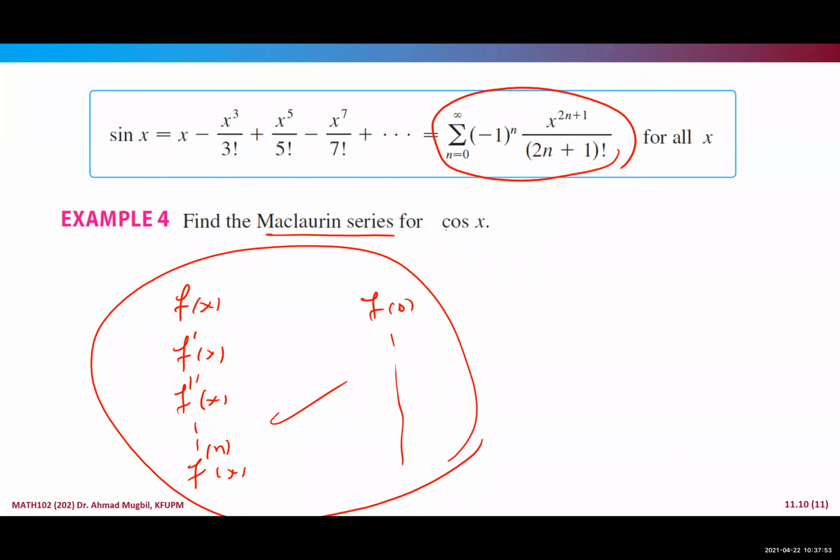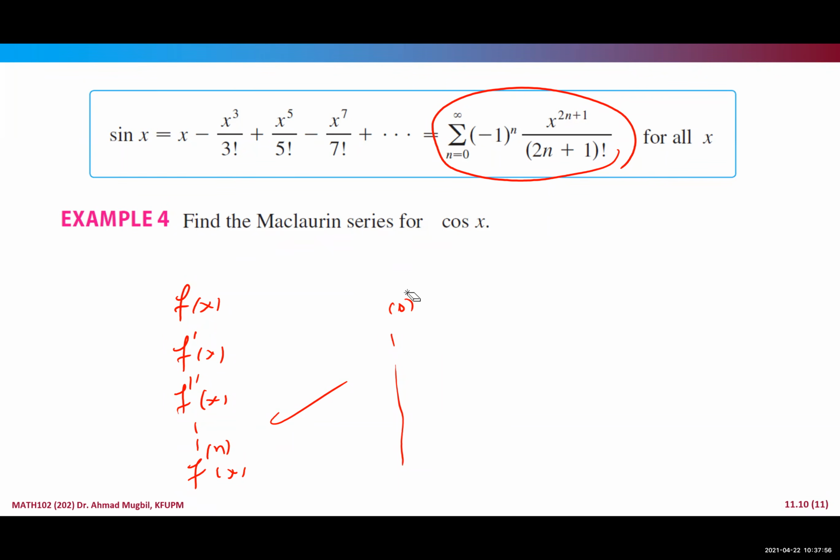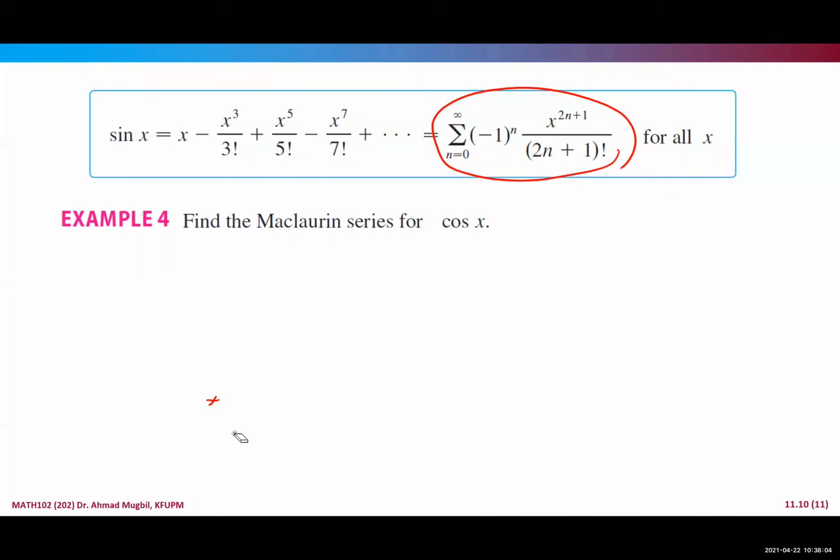So what we can do, ya shabab, easily is what? Muhammad Al-Rumaih, can you tell me what we can do? Yes, you said that sine is odd, but cosine is even. We have to show it. How to show it?